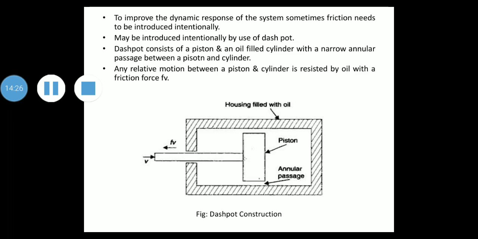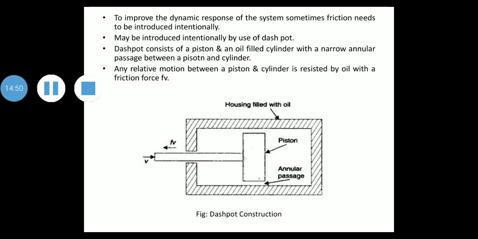This dashpot consists of a piston, you can see a piston, and an oil-filled cylinder, with a narrow annular passage between the piston and cylinder.